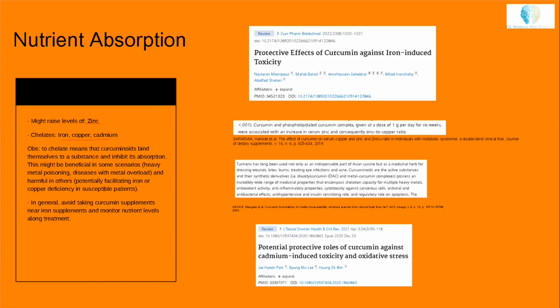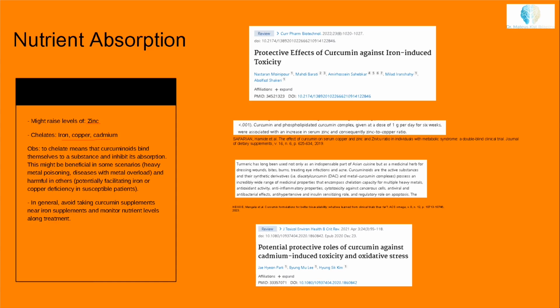So overall, it's best to avoid taking curcumin supplements near iron supplements and to monitor nutrient levels along treatment. This recommendation also applies to other therapies or even tea. For example, some teas like green tea might also have a chelating effect, especially on iron.